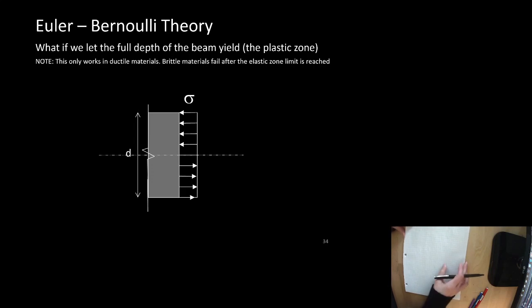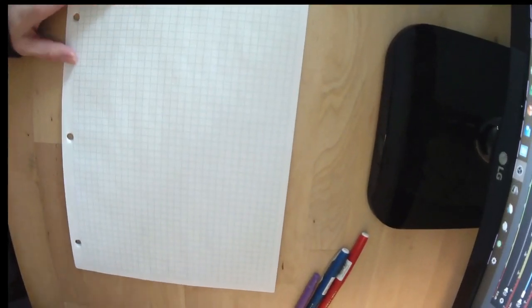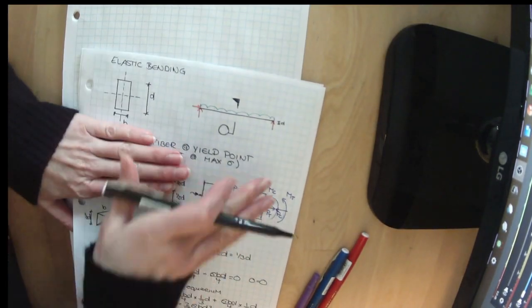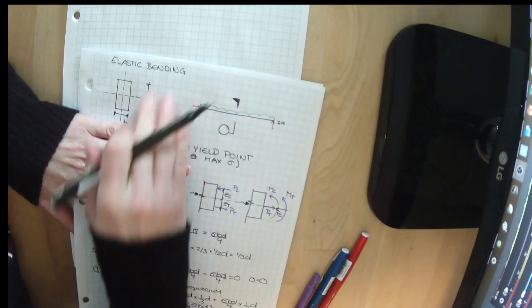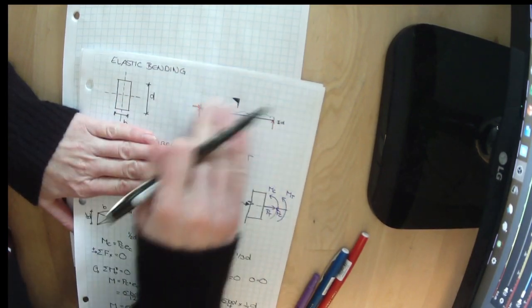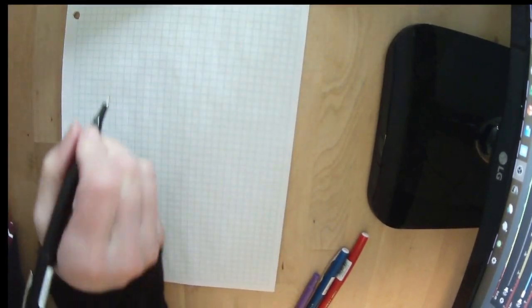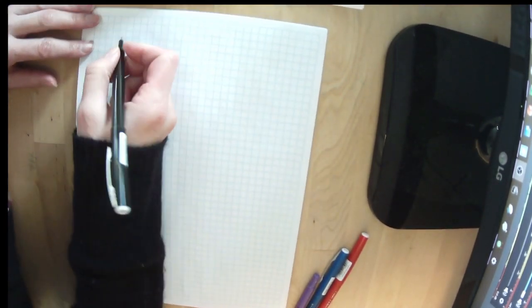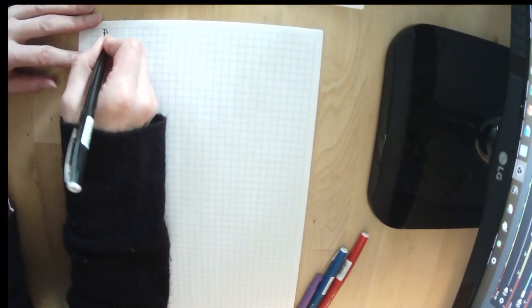So we've got the same section, which has a B dimension and a D dimension. We've got the same shape. All of this remains the same. We've got that shape and that cross section. But now we're going to let it yield just down to the neutral axis.